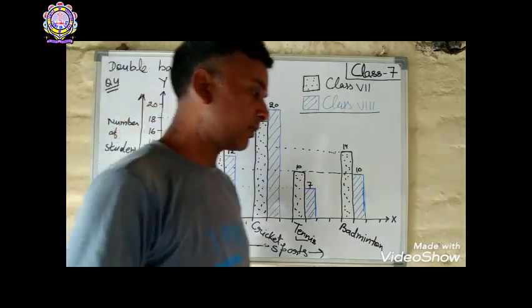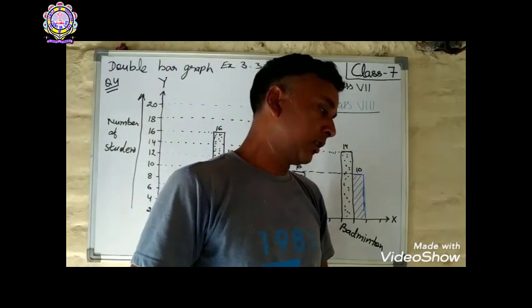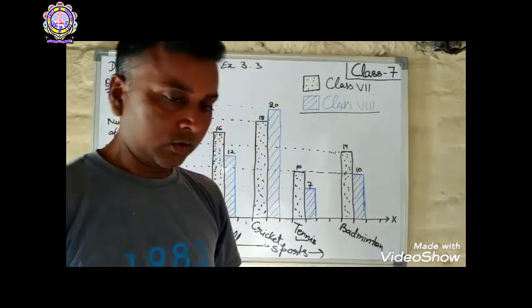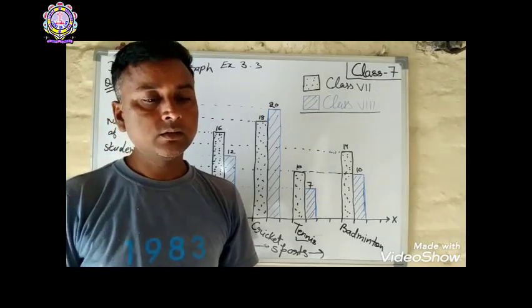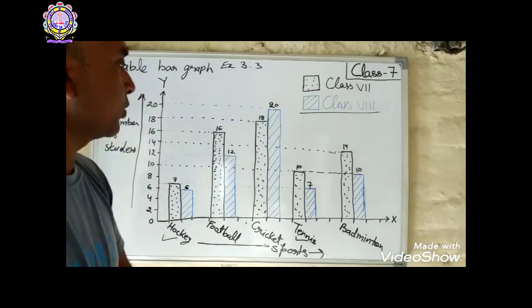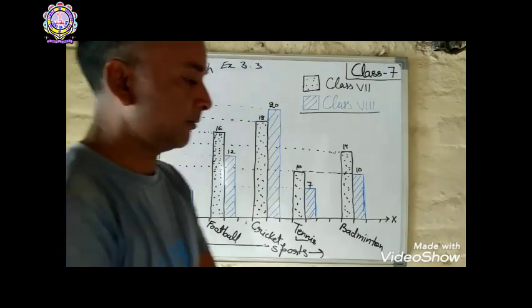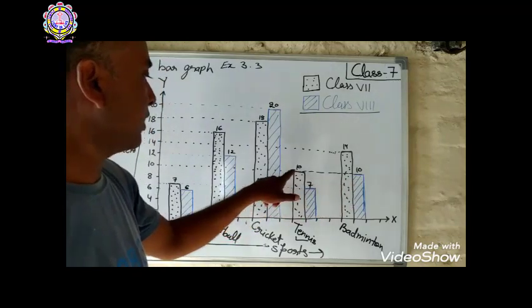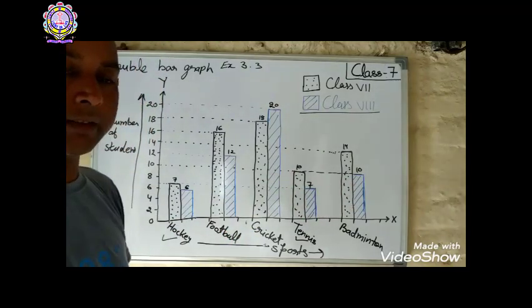So how many students? Hockey 7 and tennis 10. So total number of students, how many? 17. So total students 17. 7 and 10, add them, you get 17 students.